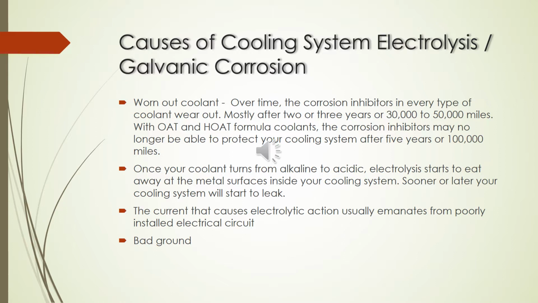So the inhibitors inside every coolant will fail. Once your coolant turns from alkaline to acidic, electrolysis starts to eat away the metal surfaces inside your cooling system. Sooner or later, your cooling system will start to leak.